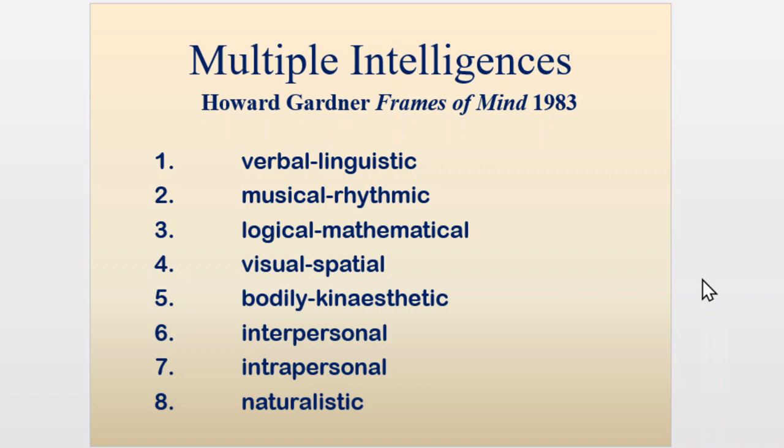Another intelligence is musical intelligence or rhythmic intelligence, logical mathematical intelligence, visual spatial intelligence, bodily kinesthetic intelligence, interpersonal and intrapersonal intelligences, and Gardner added naturalistic intelligence, and sometime later, quite recently, maybe 10 years or so ago, he added a few more, including existentialist intelligence.